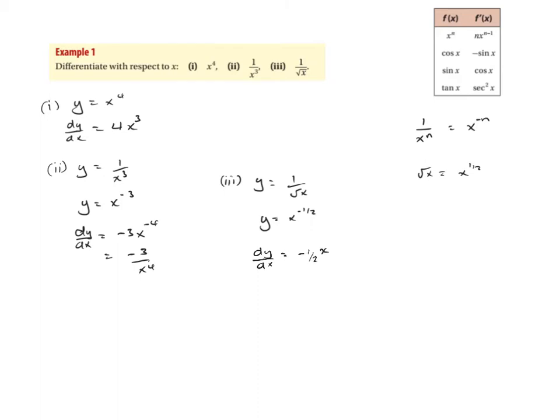Rewrite the x, take 1 off the power, minus a half, minus 1 is minus 3 over 2. And you can leave it in that form, or if you want to tidy it up a little bit, you can say this is exactly the same as minus 1 over 2x to the 3 over 2.